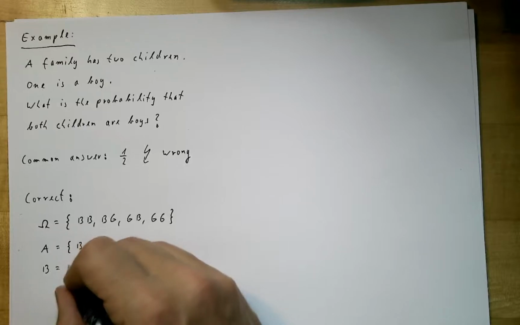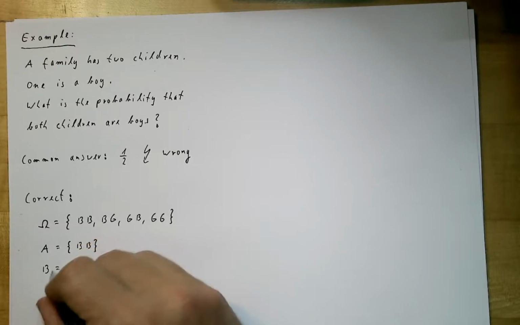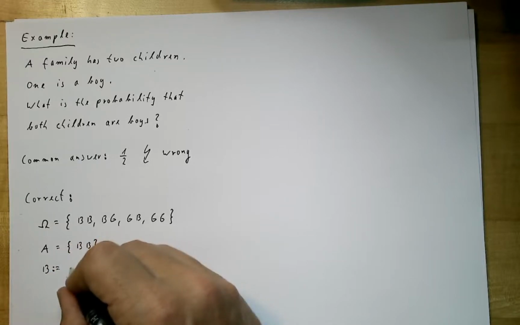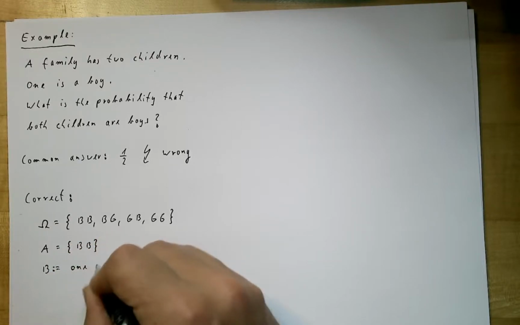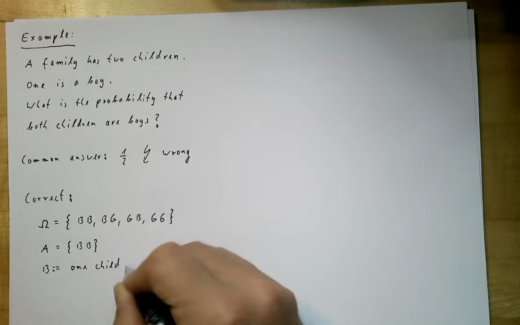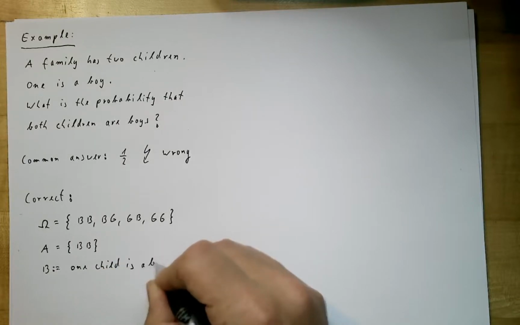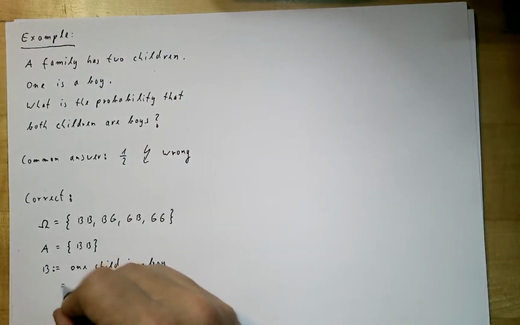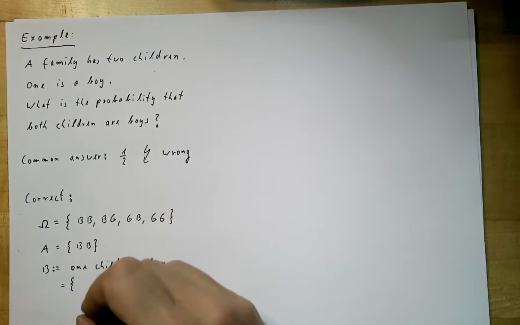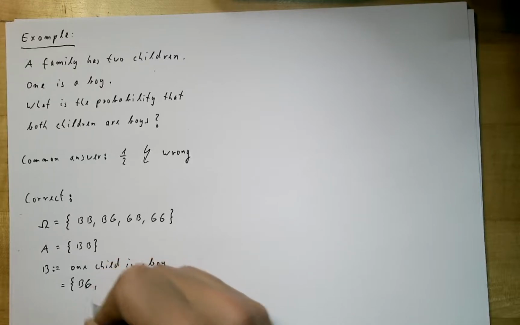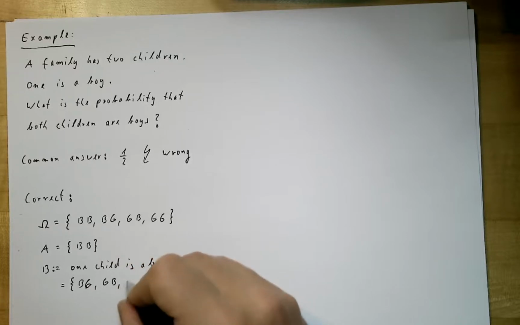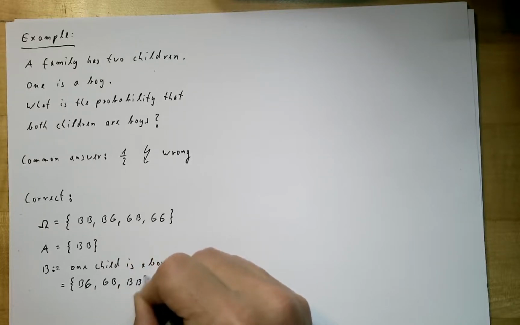We know 1 is a boy, so B is defined as: 1 child is a boy, which is the set where either we have a boy and a girl, or a girl and a boy, or 2 boys.